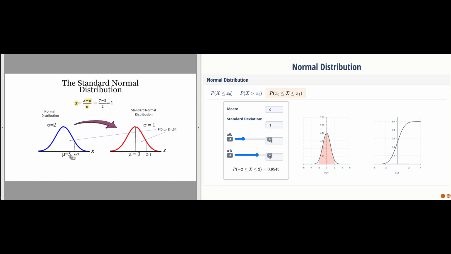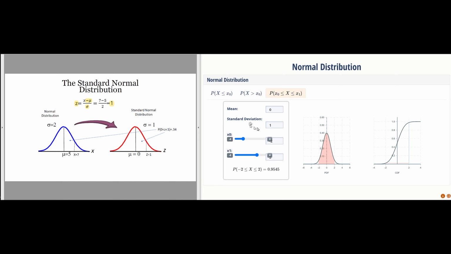All right, so if my mean is 5 and the value of x I'm interested in is 7, whether x is less than or equal to 7, and my standard deviation is 2, then x minus the mean over sigma is 7 minus 5 over 2, which is 1 standard deviation above the mean in a standard distribution.